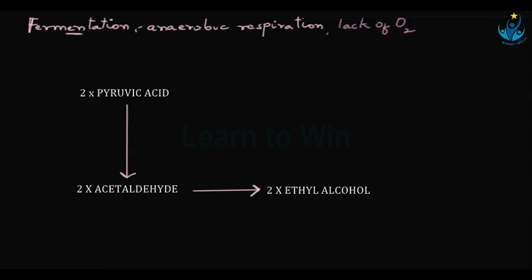Now, if you see certain important names associated with anaerobic respiration, first, the person who coined the term, which is Gay Lussac. He coined the term fermentation, and extensive study in fermentation was carried out by Louis Pasteur.